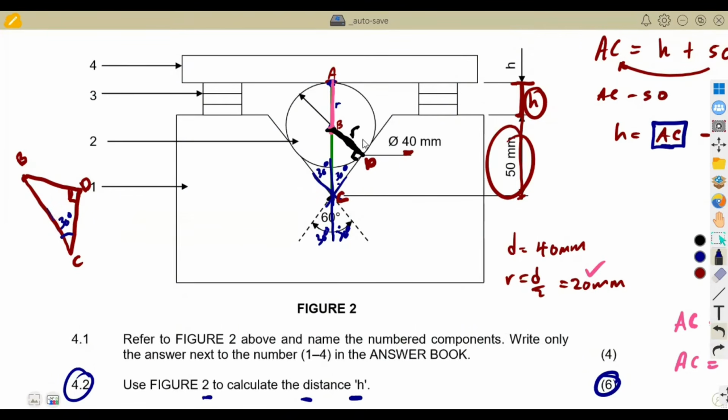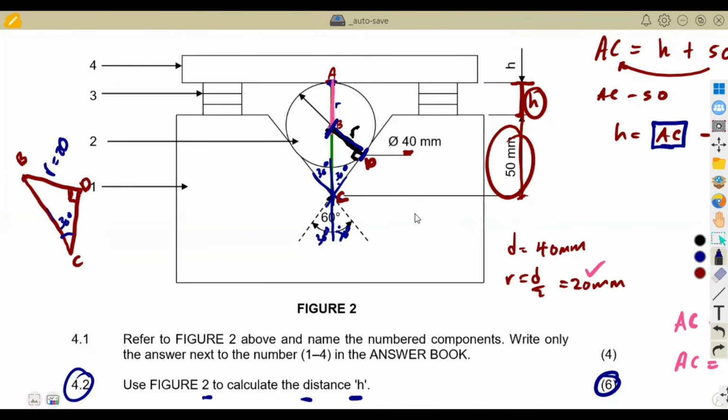Remember, we said BD, from B to D, is the radius, which was 20 millimeters. So we can calculate BC. How are we going to calculate BC, guys? That is the question.